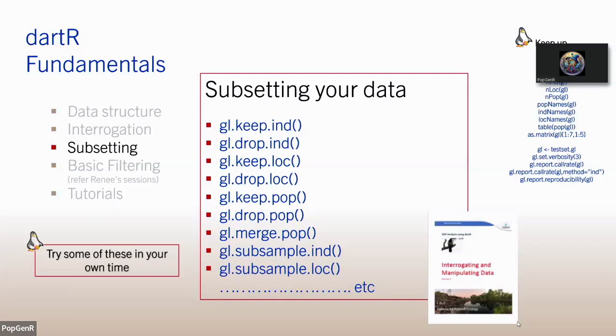And of course you can do the same with loci: you can keep a list of loci, or you can drop a list of loci, you can keep a list of populations or drop a list of populations. You can merge populations into one population. You can subsample individuals with or without replacement. So you might say, okay, genlight object, I want to try this new SNAPP program that's in BEAST, Beauty and the Beast, right?